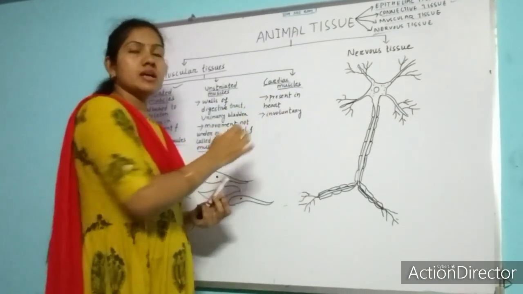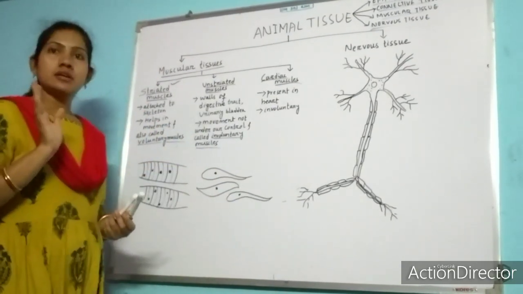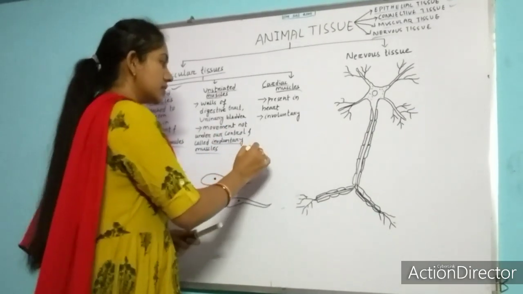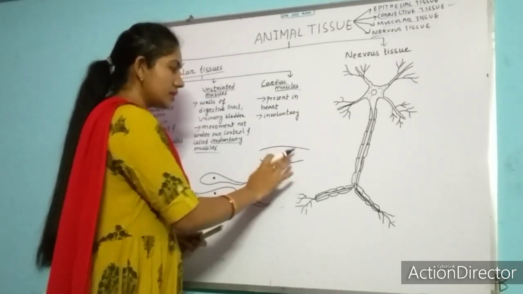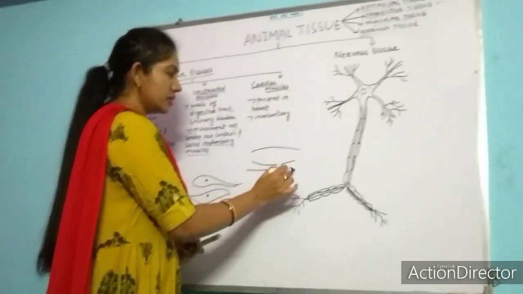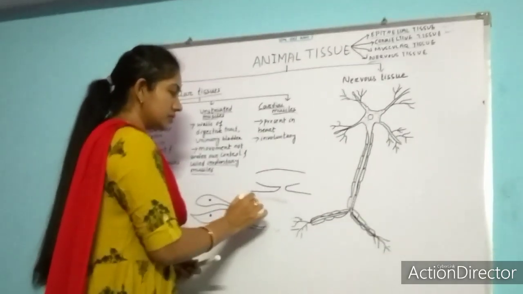So the muscles of the heart are made up of what? Cardiac muscles. If you see the structure of cardiac muscles, it is just like striated muscles, but with a little difference. It is cylindrical in structure, but in the middle it is branched.